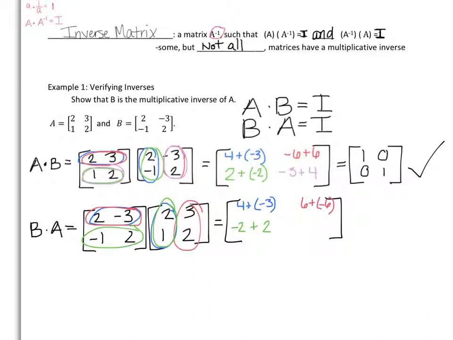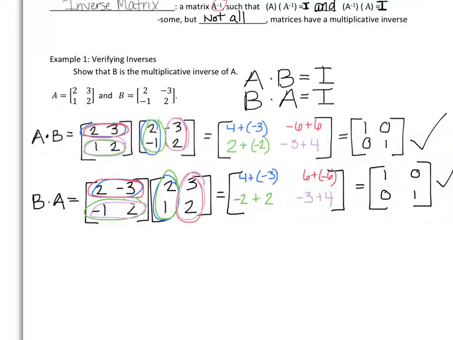Last one. -3 plus 4. Good job. And if you simplify all that, we get 1, 0, 0, and 1. So are A and B inverses? So we say yes. A and B are inverses.